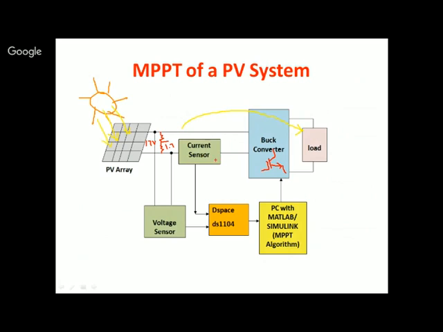Similarly, we have the current here. For the current sensing, we just used a resistance here. We did these sensors in the lab itself. You can use a Hall effect sensor, which will give you a precise result, but here we just use a resistor. We use it in such a way that if there is 1 amp flowing through this resistor, there is 1 volt drop across it.